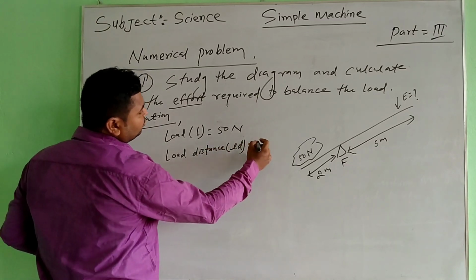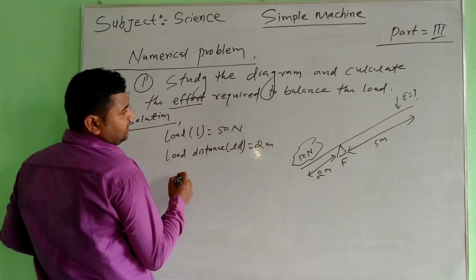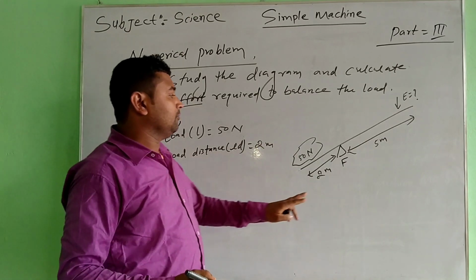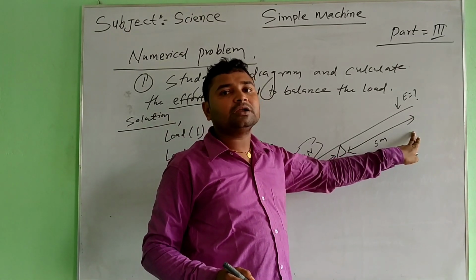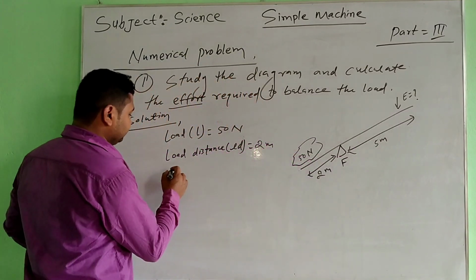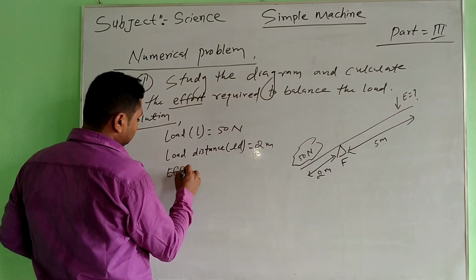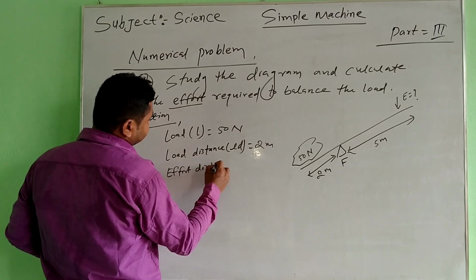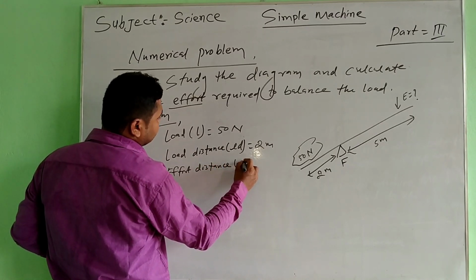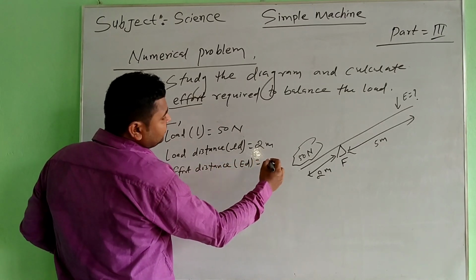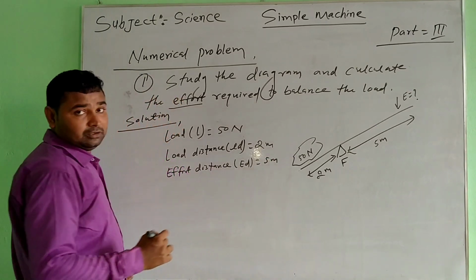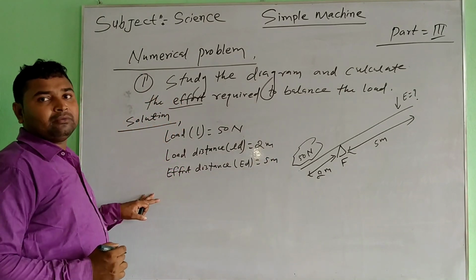What is the LD? 2 meter. And the distance between the fulcrum and the effort is the effort distance, ED. ED is equal to how much? 5 meter.